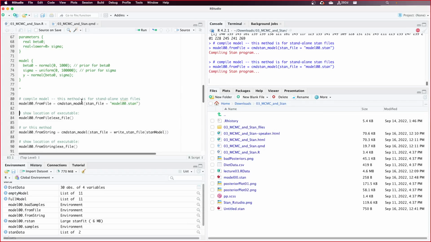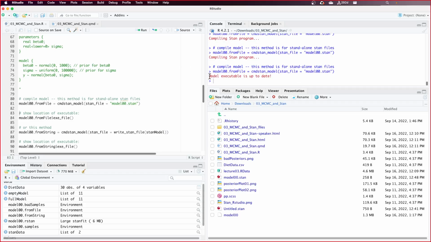What Stan is doing while it's compiling is it's first checking to see if an executable exists in your folder. If it does exist, like I just created it, if I run this again, you'll see model executable is up to date. It checks to see if it's the same executable from the same C++ file that would render it. So it takes a while to compile things. It takes a few seconds. And the more complicated the model, the longer it takes to do the compilation. So it skips that step if it's not needed.